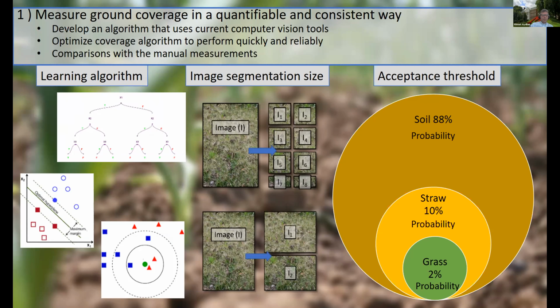We did image segmentation as part of the MATLAB tools. And then we also had to find different thresholding values for different types of fragments inside the compost systems, because now we have soil, straw, and grass, and they come in different colors, forms and shapes. They have to be looked at very carefully.